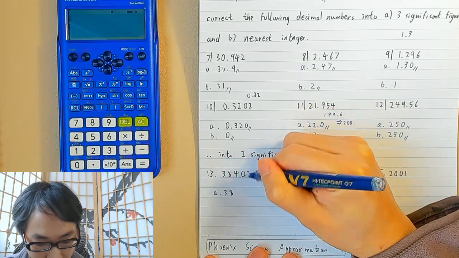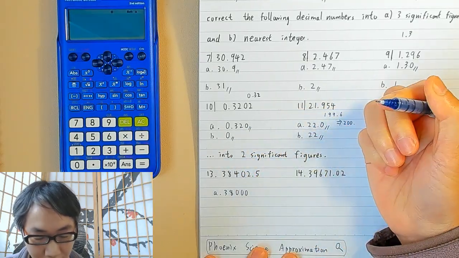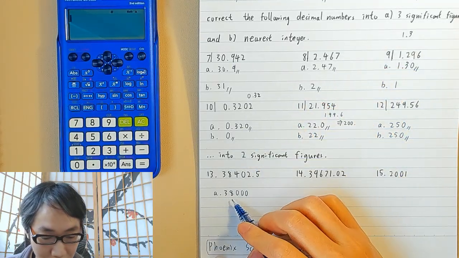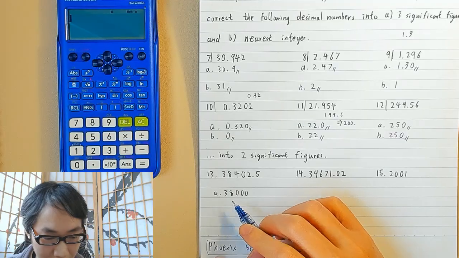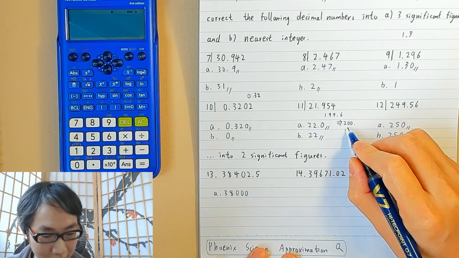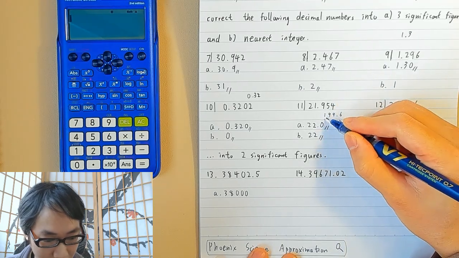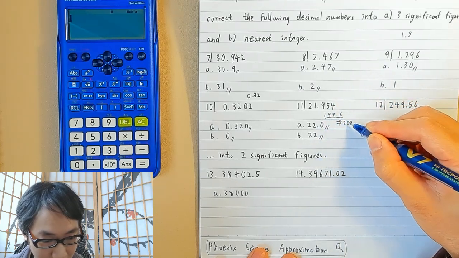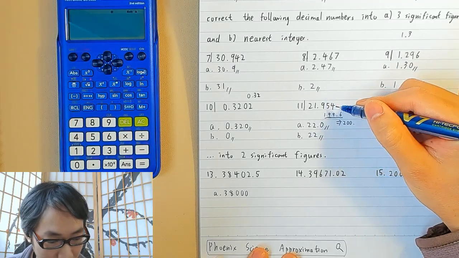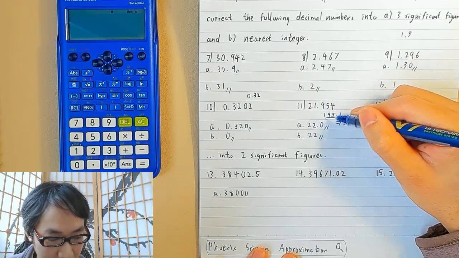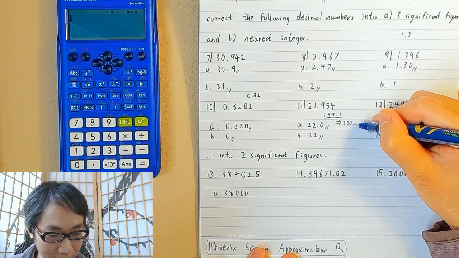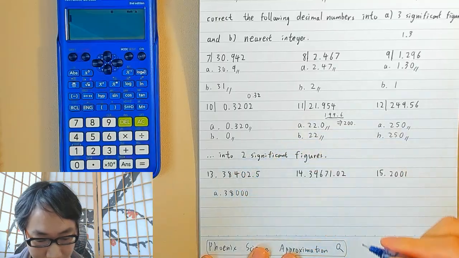Then the rest will be placeholders. So you can see this is two significant figures, which means this could be either from here, this is three, from 199.6 to here is three significant figures. However, if we want to do one significant figure, it will also be 200. They will look the same.